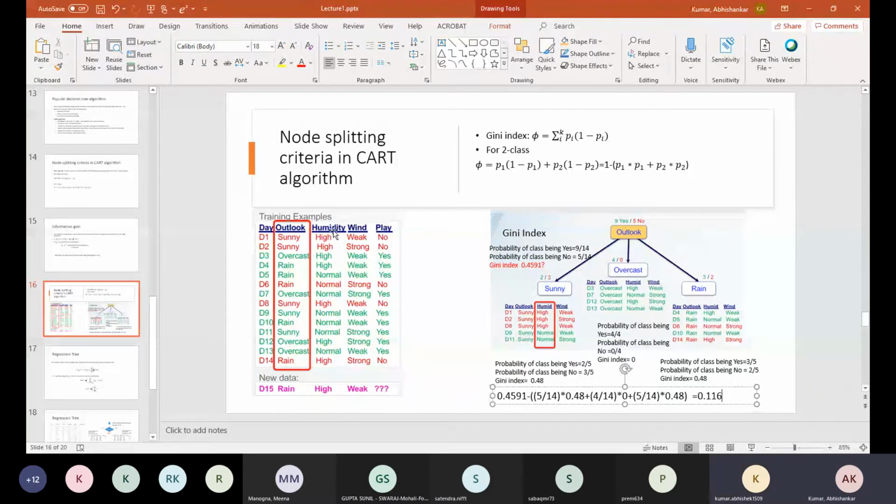So we have to select humidity because that number is high for humidity. For whichever feature this information gain is high, we'll select that feature. So this is how the CART algorithm works. This is for classification.